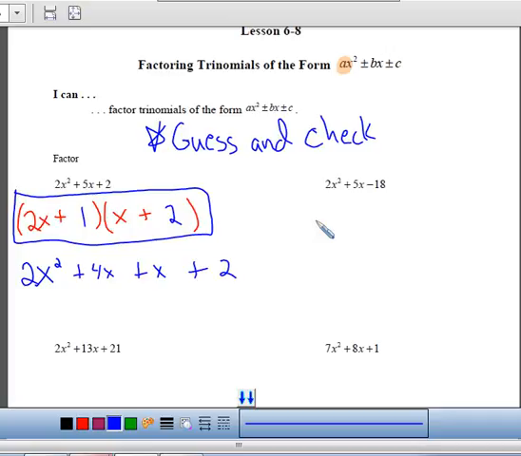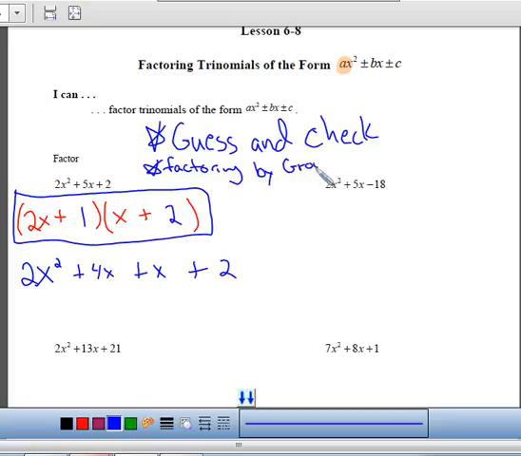I think a lot of you will get really good at the guess and check strategy and be able to use that alone. But when that doesn't work, or if you want another strategy that always works, we are going to learn it, and it's called factoring by grouping.